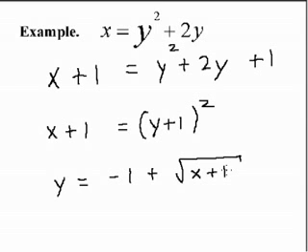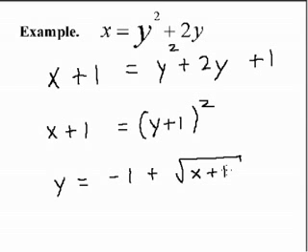When we add 1 to both sides, we get x plus 1 equals y squared plus 2y plus 1. Now that means that x plus 1 equals y plus 1 squared. Then I can take the square root of both sides, and I get y equals negative 1 plus the square root of x plus 1.